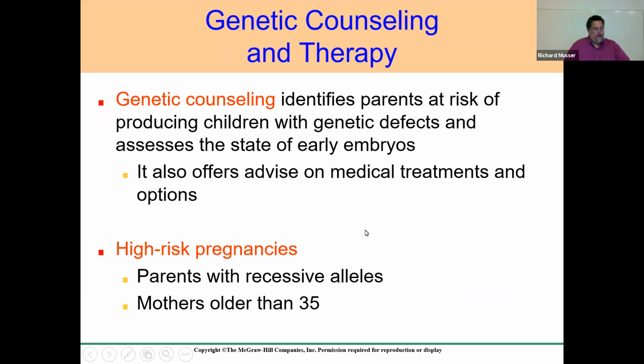One area that's going to become more and more important, that you may want to consider for a career someday, is genetic counseling. The more we're learning about genes, the more we're going to have to be able to counsel and educate people on what that means.